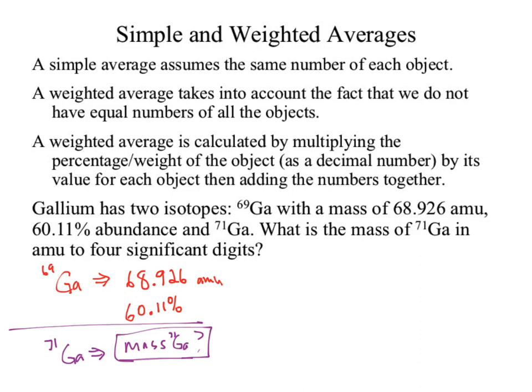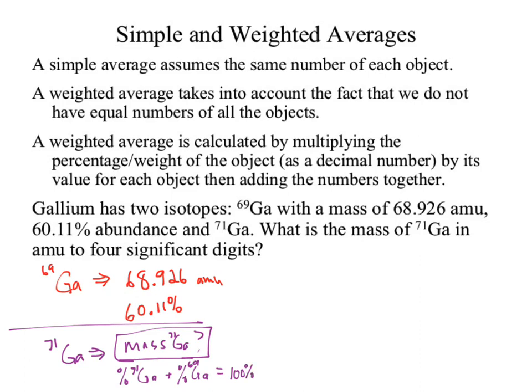Okay. We know the percent of gallium-71 kind of by inference from the calculation or from the question. We know that if I take the percent of our gallium-71 plus the percent of our gallium-69, that must equal 100%.